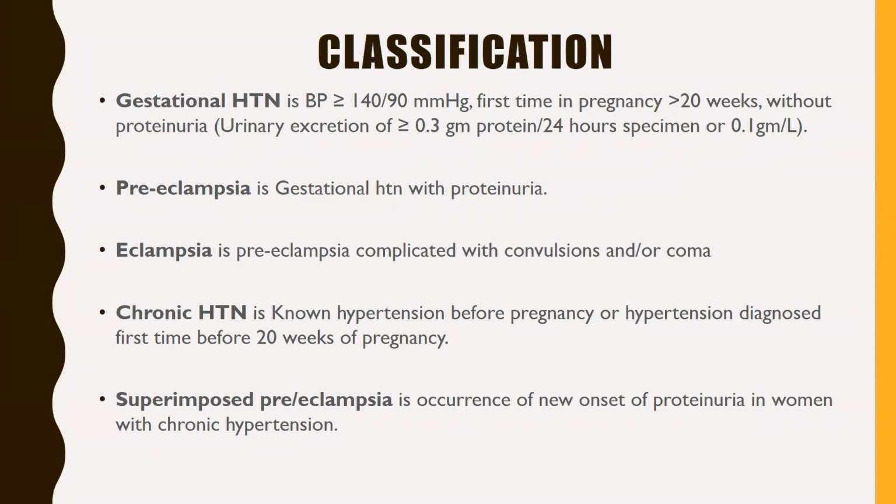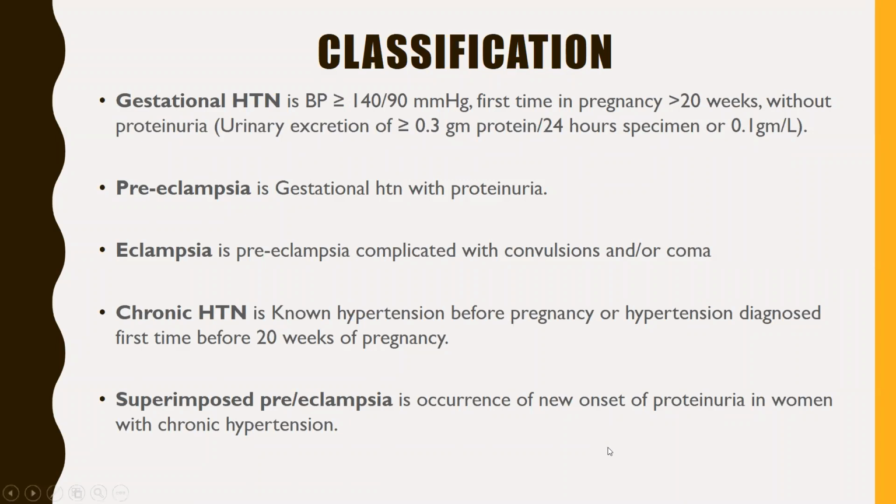The hypertensive disorders that we get to see in pregnancy are the following. We can have gestational hypertension. This hypertension will occur in pregnancy and be noticed after 20 weeks of gestation without any proteinuria.